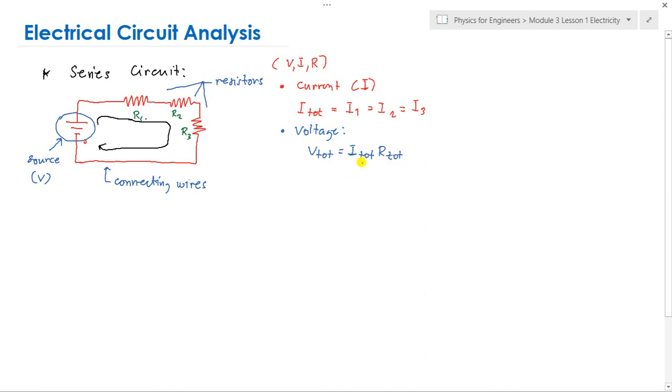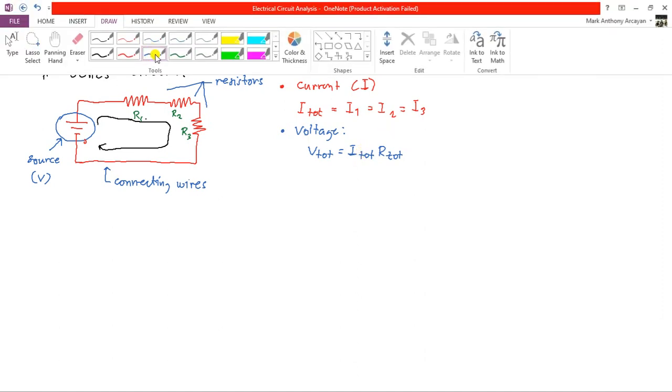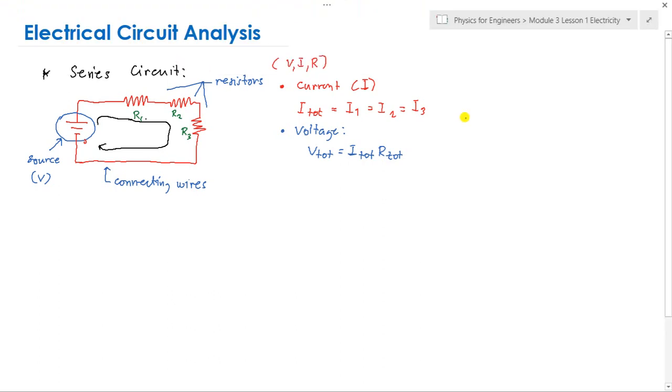We don't know yet the total resistance, but we know the total current here. The total current is either I1 or I2 or I3. Anyways, they are the same. If there are no questions, then let's proceed to resistance.